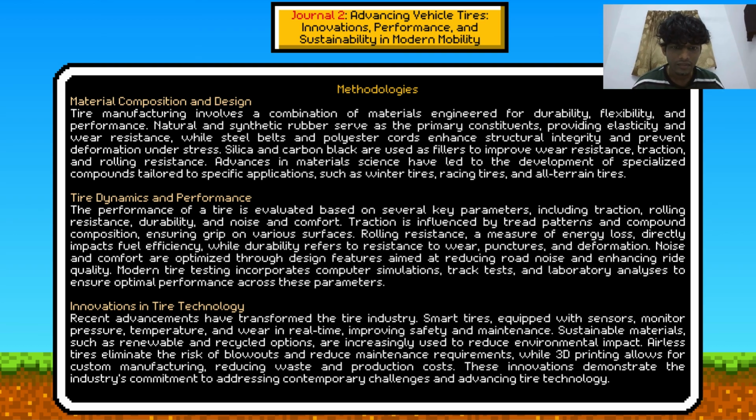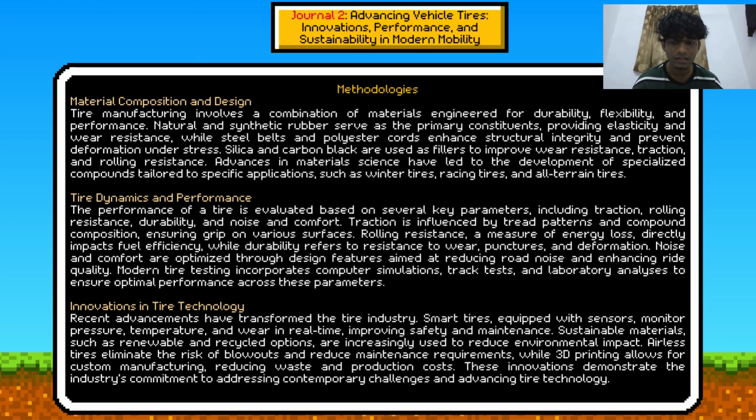Rolling resistance, a measure of energy loss, directly impacts fuel efficiency, while durability refers to resistance to wear, punctures, and deformation. Noise and comfort are optimized through design features aimed at reducing road noise and enhancing ride quality. Modern tire testing incorporates computer simulations, track tests, and laboratory analysis to ensure optimal performance across these parameters.